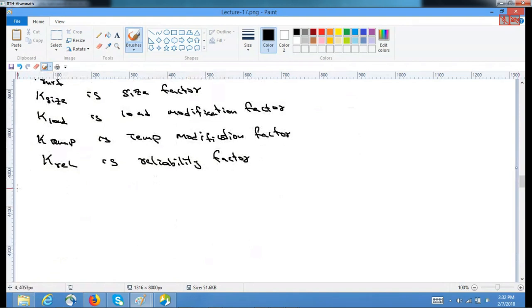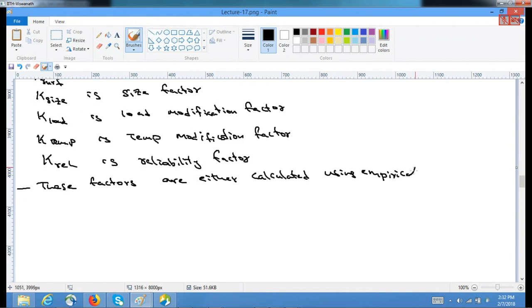These factors are either calculated using empirical relations or taken from design data charts.